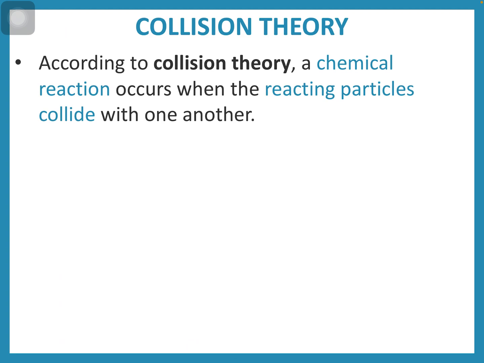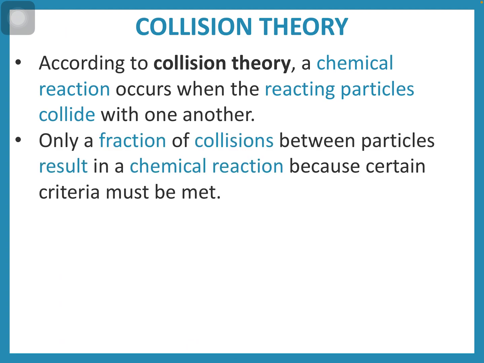So according to collision theory, a chemical reaction is going to occur when reacting particles collide with one another. Now, not all collisions are going to result in a chemical reaction. Only a small fraction of collisions will actually result in a chemical reaction. And that fraction can change as we change temperature and concentration and things like that.